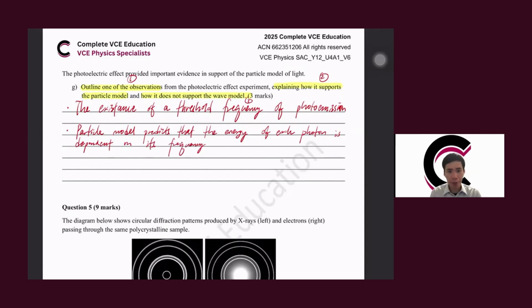Okay, so you can even quote the equation, E is HF. Add the line, since the energy transferred must be greater than the work function for photo emission.